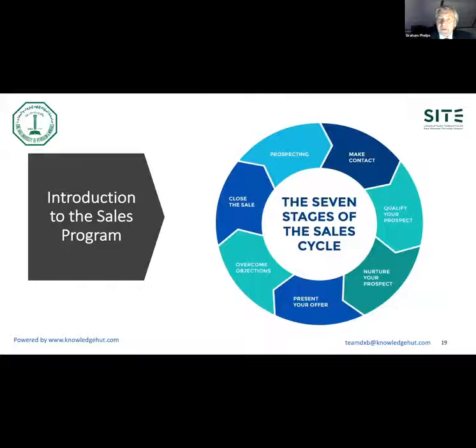Then you ask for an order, you close the sale. In many cases, a sale will close itself. The customer turns around and says, "Okay, this is great. Can I take it today?" And the salesperson says, "Yes, of course." Sometimes, though, probably about a third to 50% of the time, the customer says, "I'm not sure.